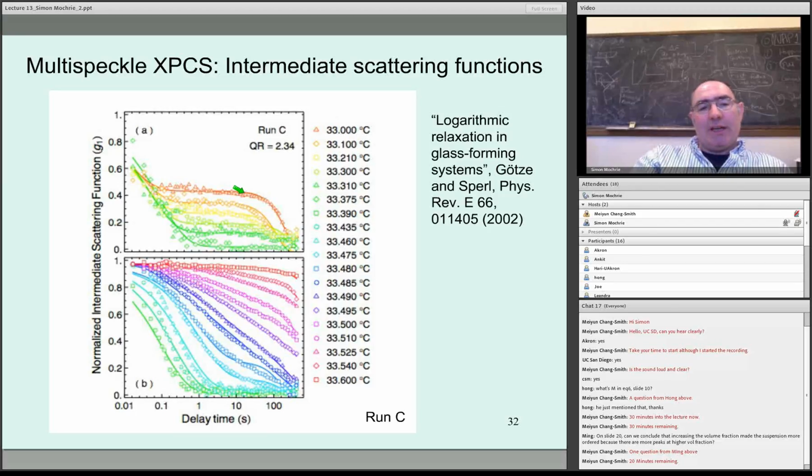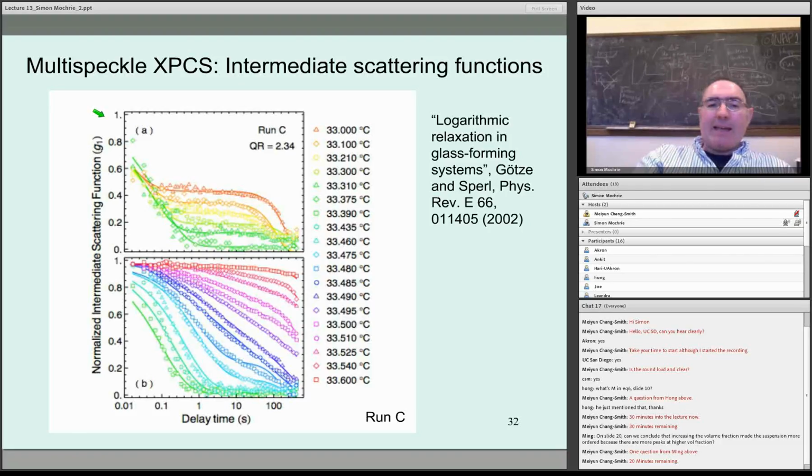And an initial decay from a value of 1 down to a value that's less than 1 is characteristic of the old glass that I mentioned, a hard sphere glass. This particular data set doesn't have data at very early times because these data were taken at 62 Hertz. I think in a minute I'll show you data that was taken faster, with data at shorter times. I hope so anyway.